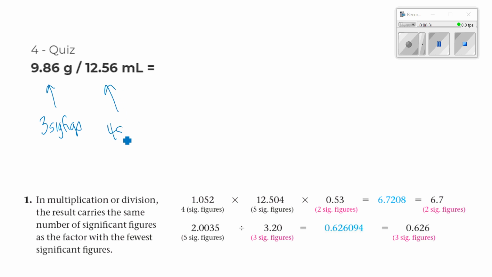This one right here has 4 sig figs. So your answer should have 3 sig figs. I think it was something like, I don't know, 0.731. I'm just making something up. So your answer should have 3 sig figs in it.